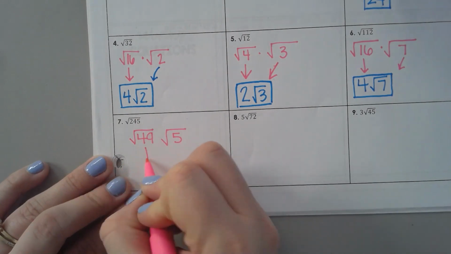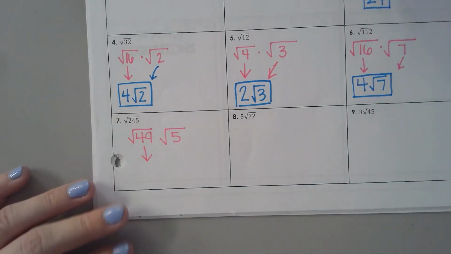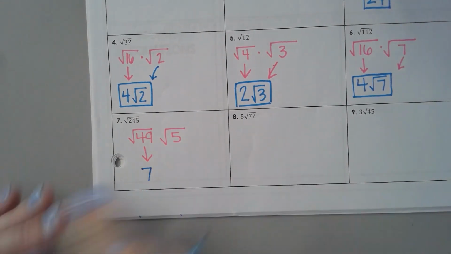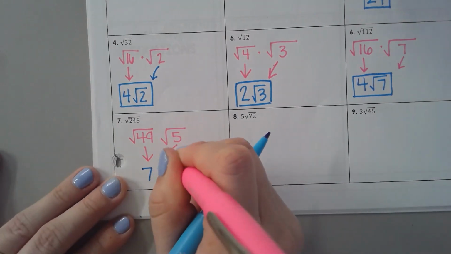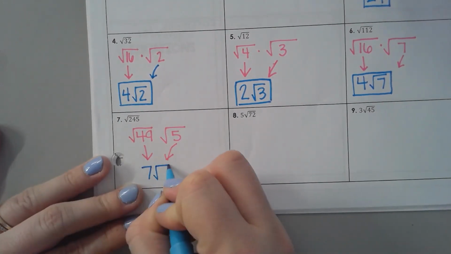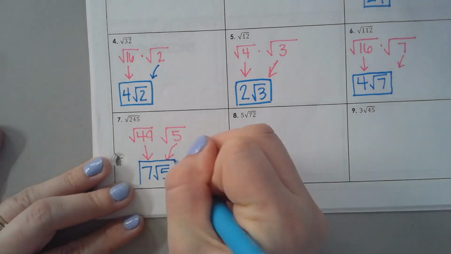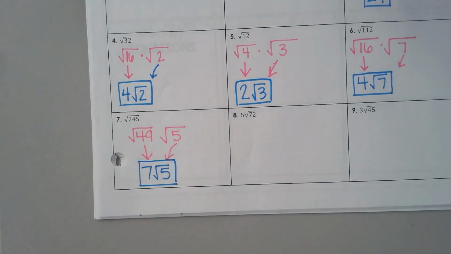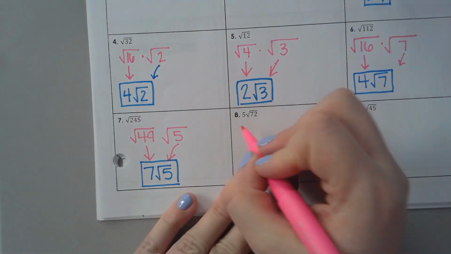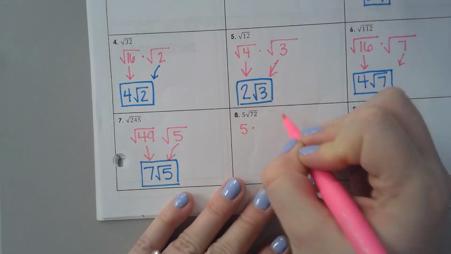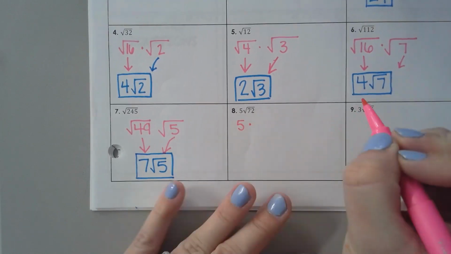And what is the square root of 49? 7. Bring down the square root of 5. Number 8, notice there is a number in the front. So I have 5 times the square root of 72.